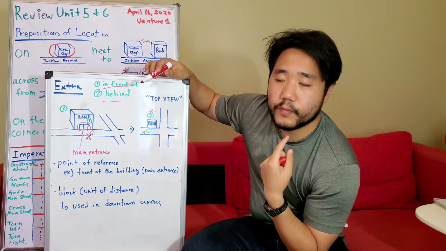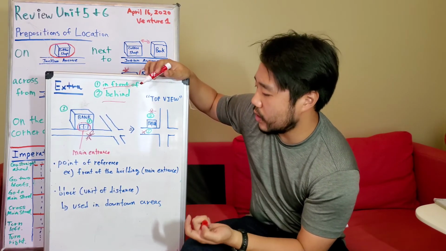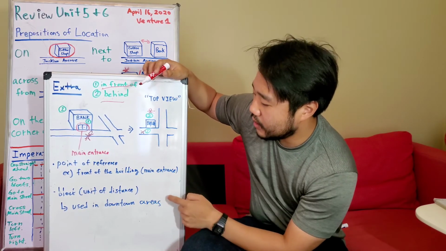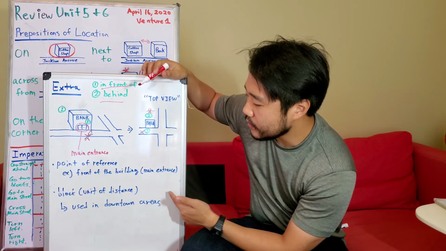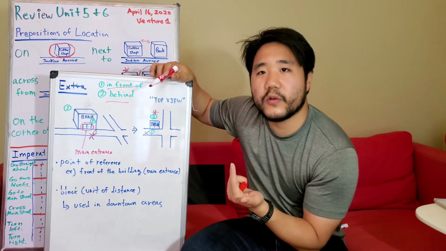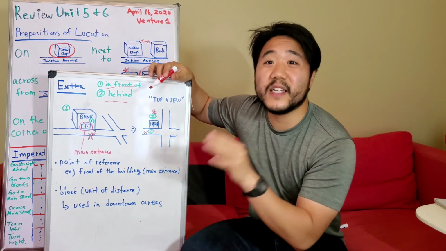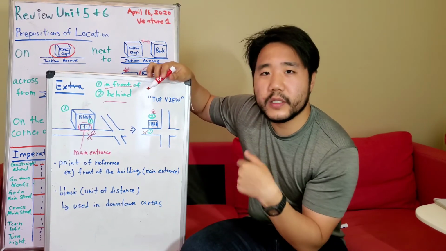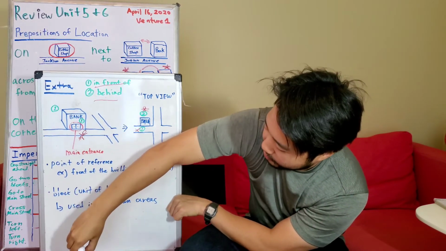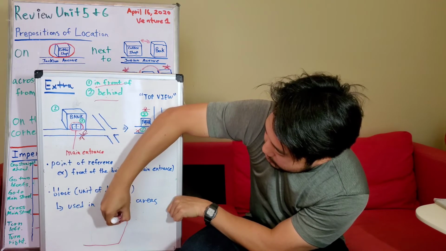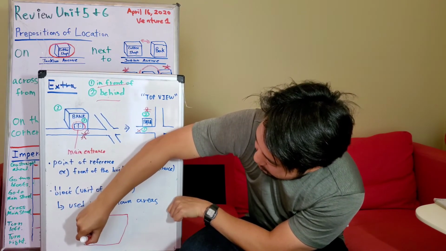So the front is where usually the main entrance is located. And block. And as I said, block is a unit of distance. And then the reason that we use block is because in a lot of downtown areas or city, all the buildings are structured in a way like a block. So it's a block, and then there's building like this.